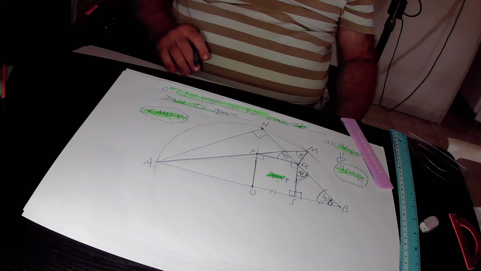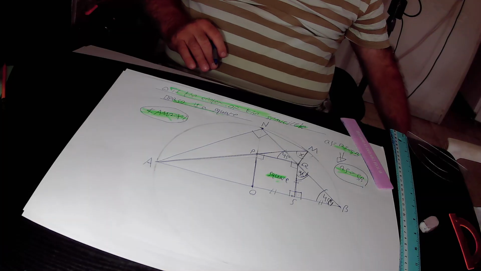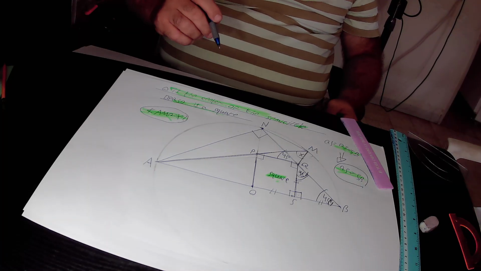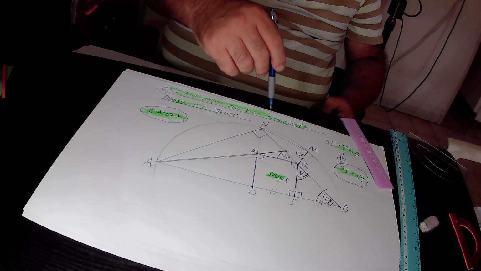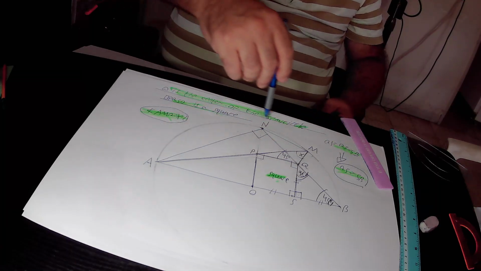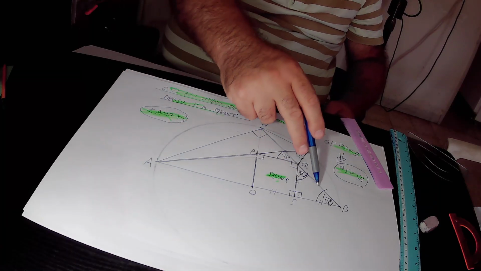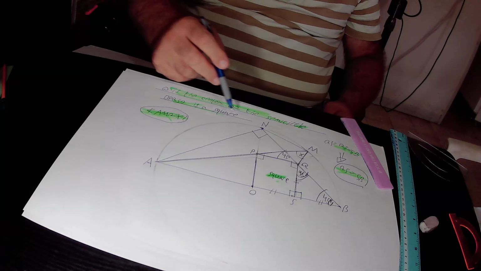Here we can implement rule 16. This is peripheral angle NBA, equal to 45 degrees in its size, and it subtends on chord NA.